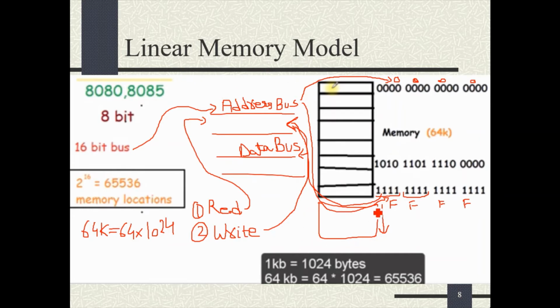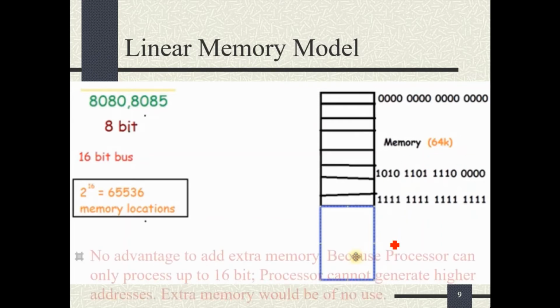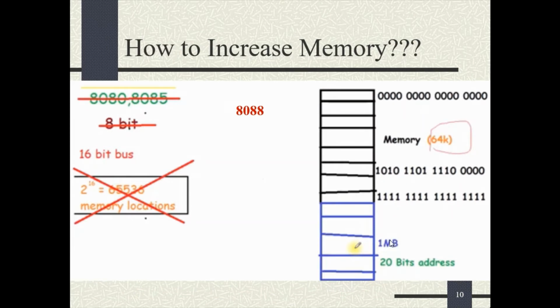We cannot access the memory attached additionally here. This additional memory would be wasted. So if I increase the memory from 64K to 1 MB, this cannot be accessed based on the linear memory model. This was the disadvantage of the linear memory model.